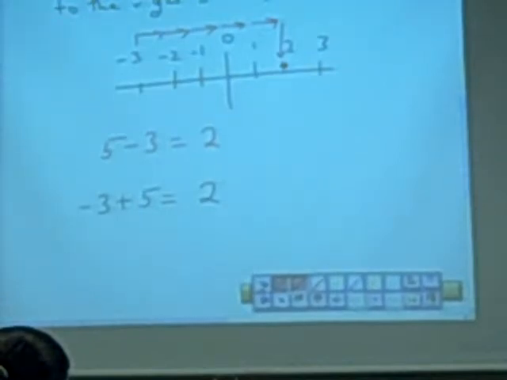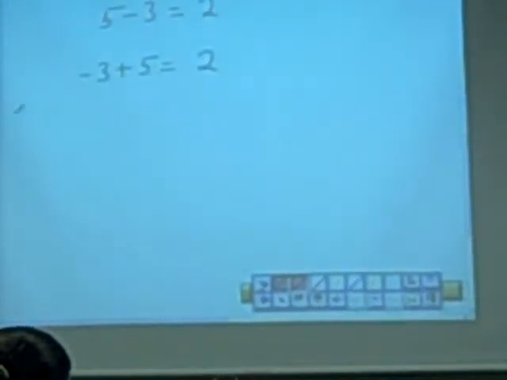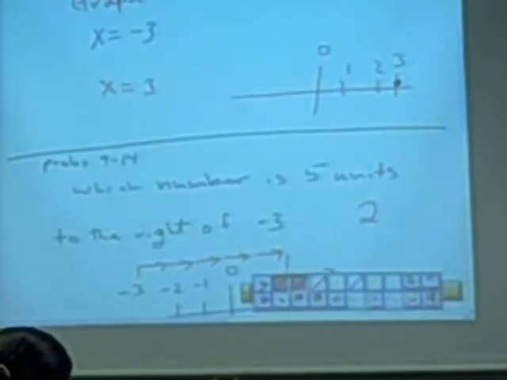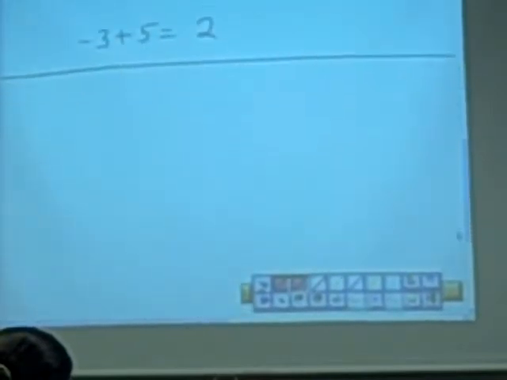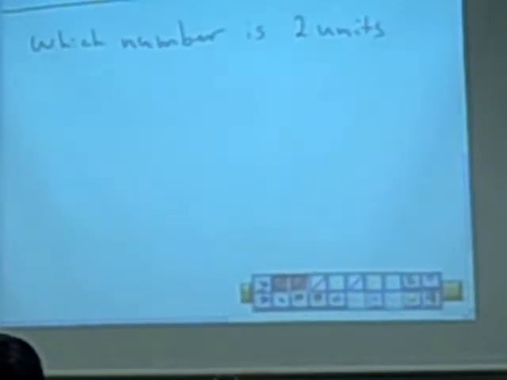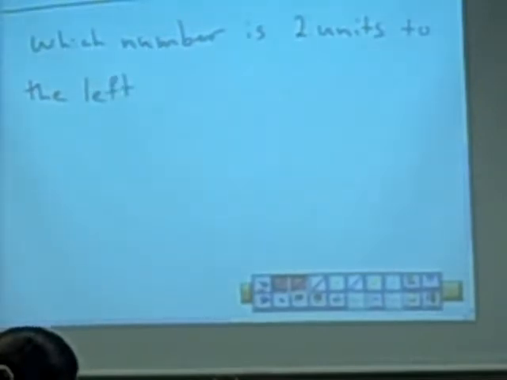So let's say in this next problem we have: which number is 2 units to the left of -1?